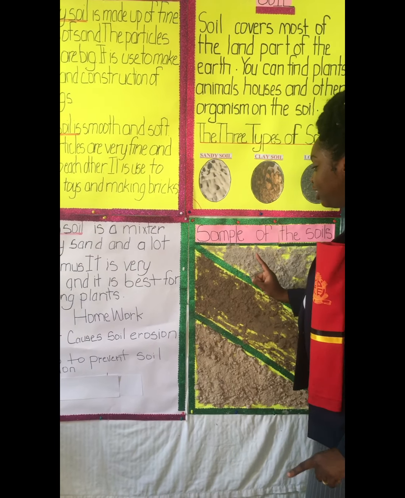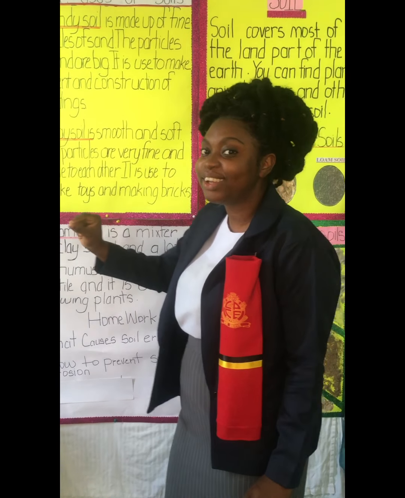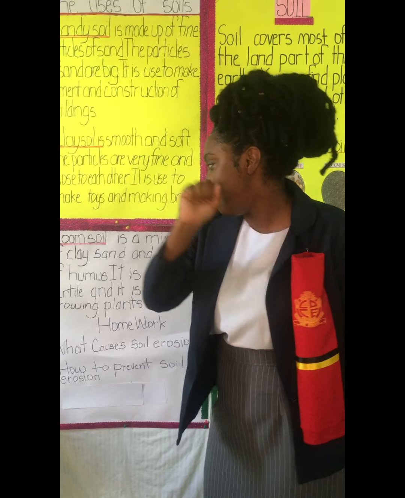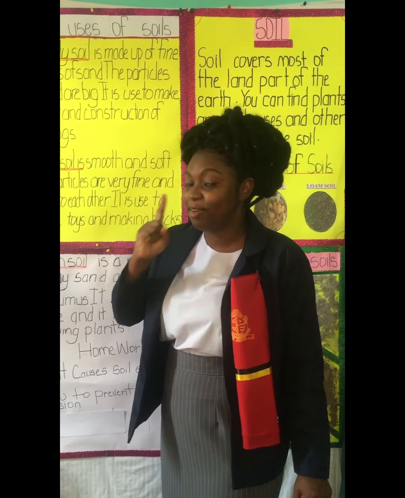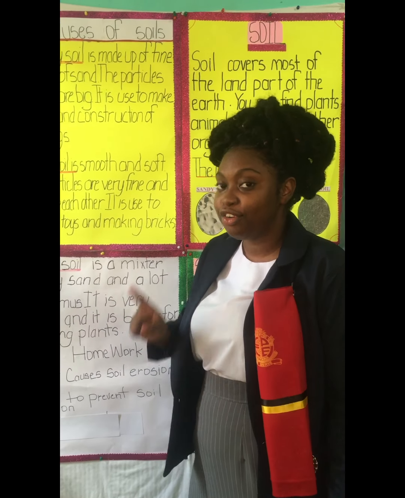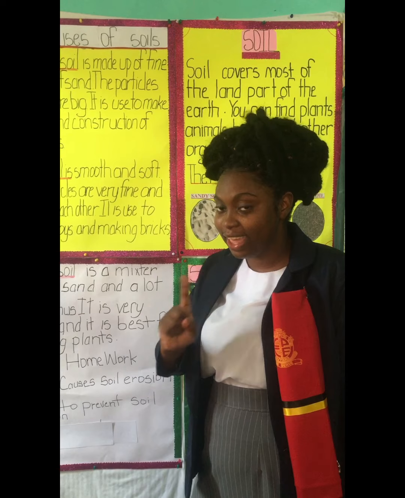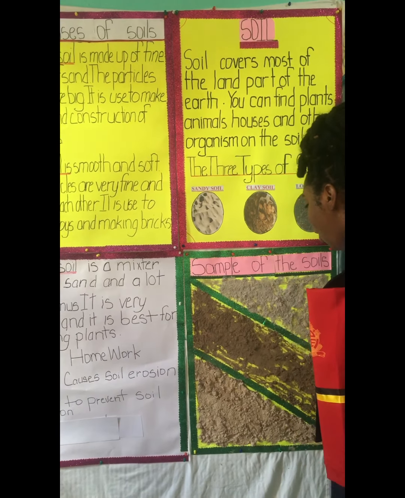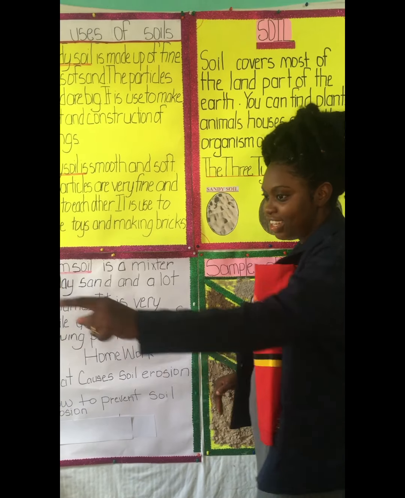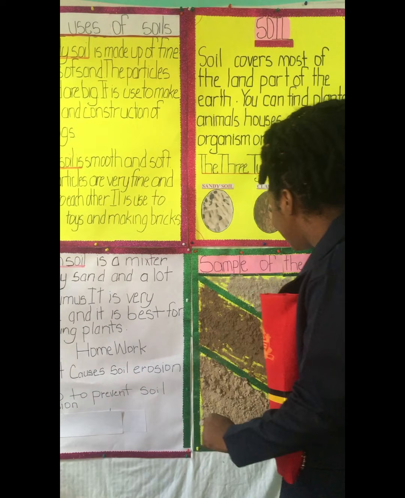And the sandy soil is made up of fine particles of sand. And remember, they have a lot of space between them. So let us move on to the next soil. Can Tiana tell me what this next soil is?